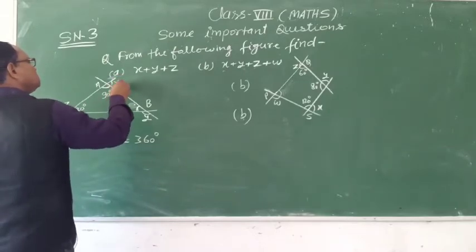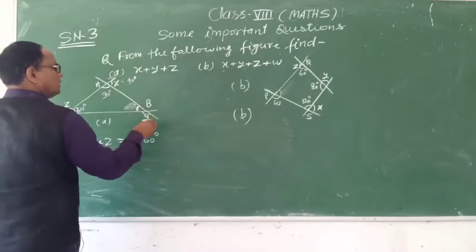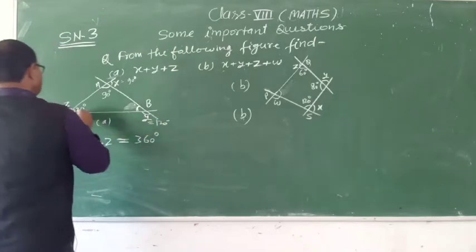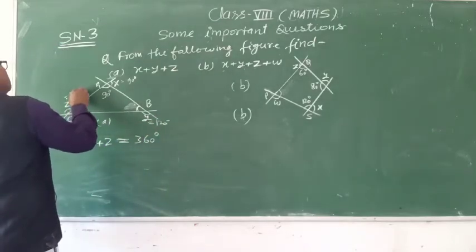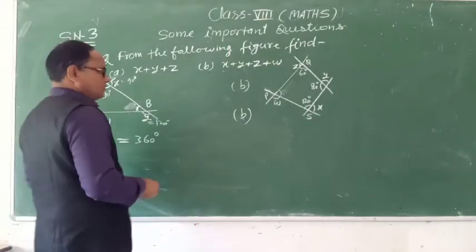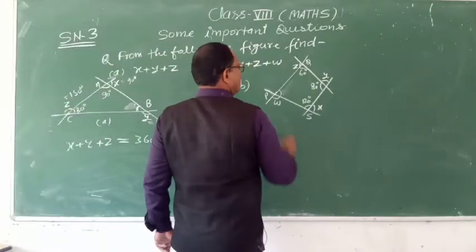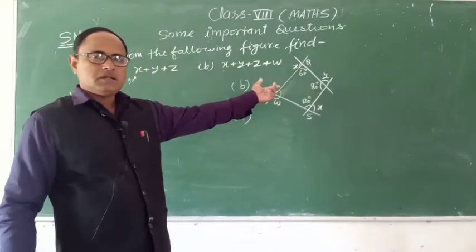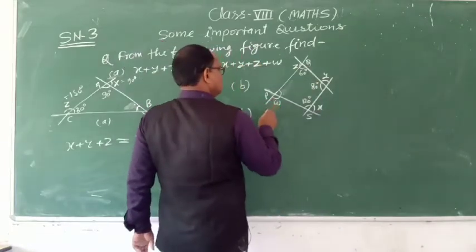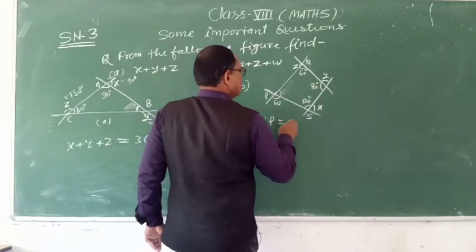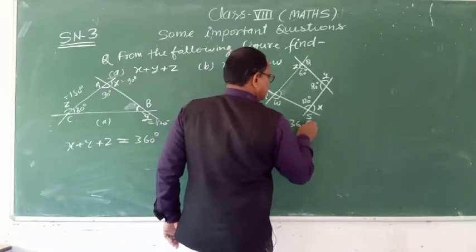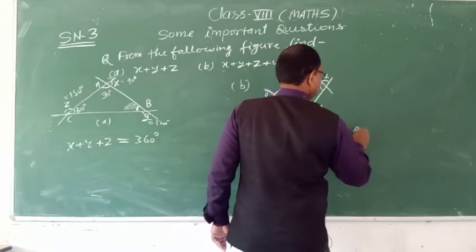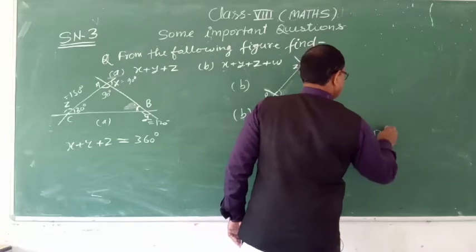This value is 90 degrees, this value is 120 degrees and this value is 150 degrees. Okay. Here in a quadrilateral, the sum of all angles is equal to 360 degrees. By this rule, angle P is equal to 360 degrees minus (60 plus 80 plus 120) degrees.